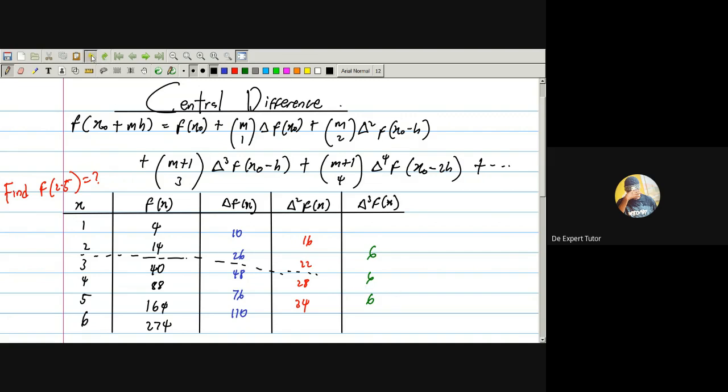But the way I'm going to take this is a little bit different. Pay attention. Remember that 2.5 is a number after these two. Are we together? So see where I'm going to start. I'm going to do something like this.